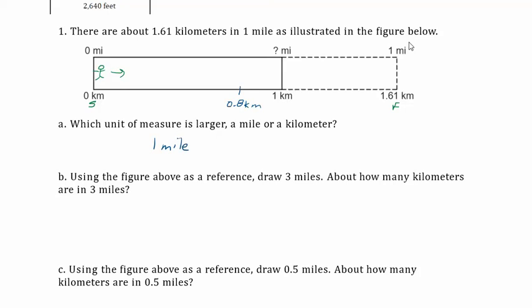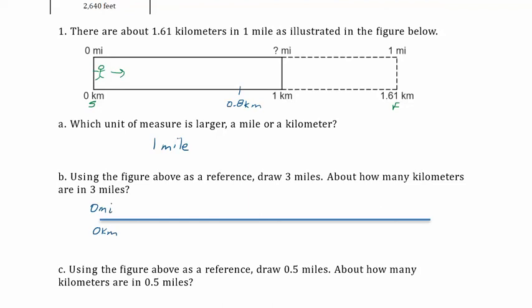Using the figure above as a reference, draw 3 miles. About how many kilometers are in 3 miles? I'll just draw a line in here, and let's say that this represents 0 kilometers right here. I'll write that on the bottom. And let's say this is 0 miles here.